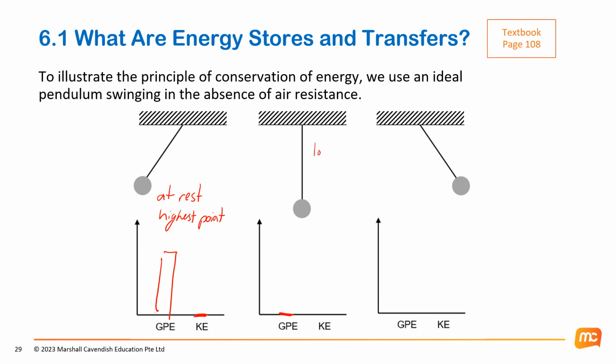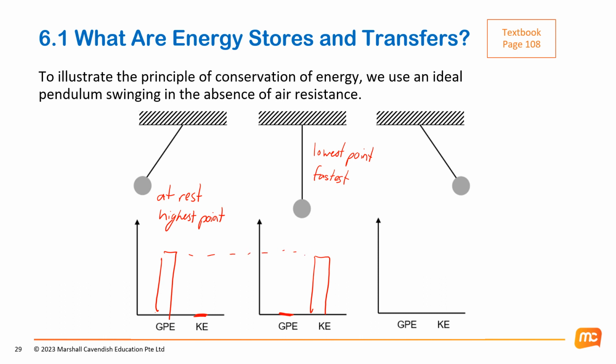This one here is the lowest point. But because it is at its lowest point, it must have swung and accelerated due to its weight. It is therefore traveling at the highest speed. So we just say it's fastest at this point, and the same amount of energy as what was just now in the gravitational potential store is now in the kinetic store.